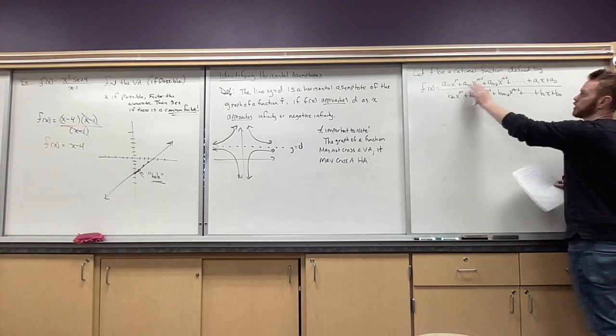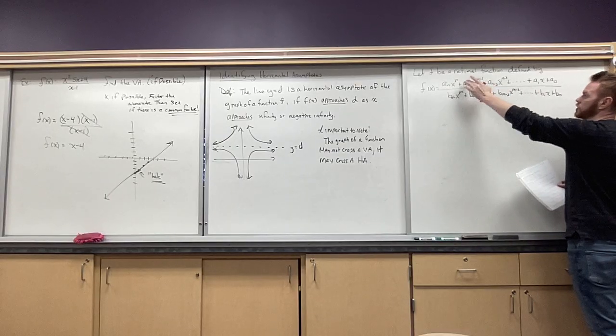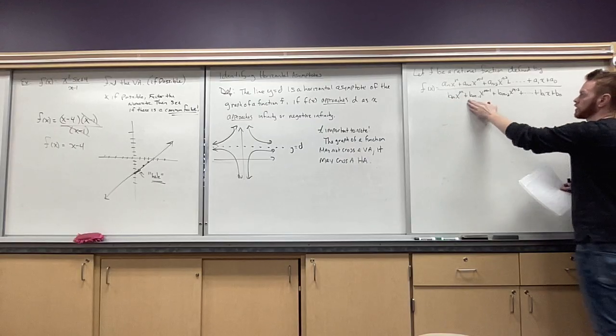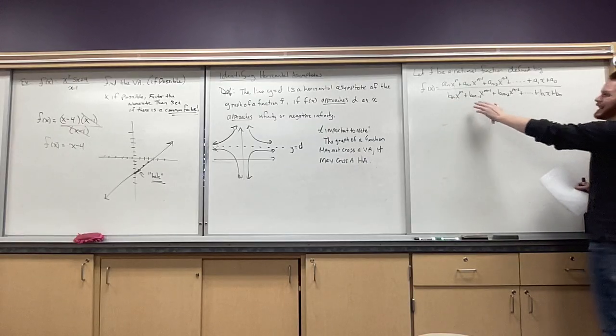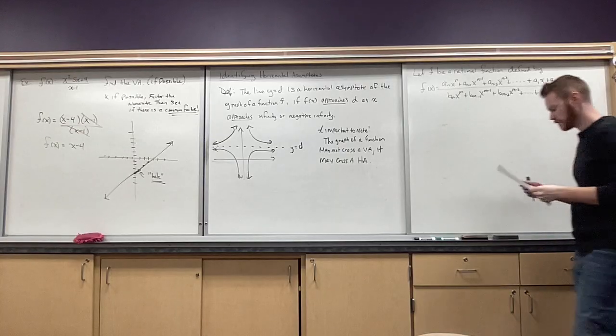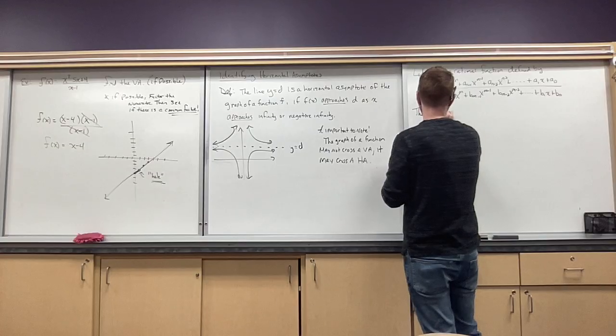So the a's are the coefficients in front of all my terms, and n is the degree for all my variables. Down here, b is the coefficients in front of all my terms, and m is the degree for all my variables there. Okay? So here we go, the definition.